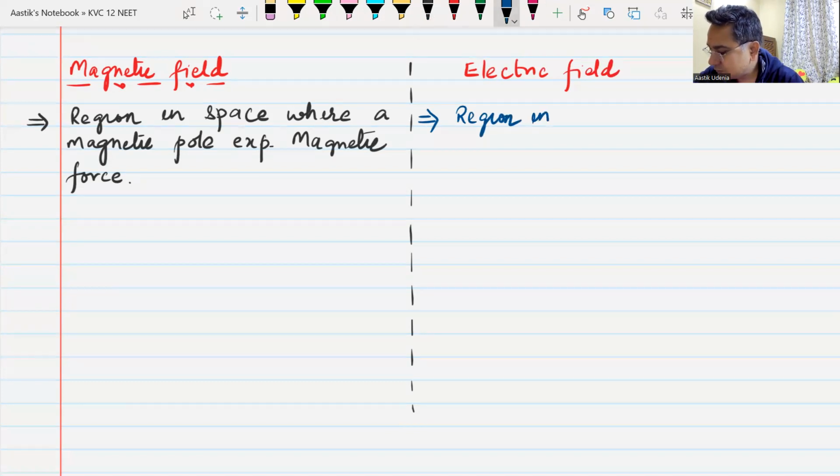It's a region in space where an electric charge experiences electric force.